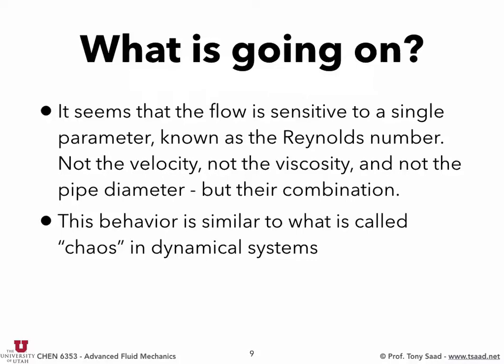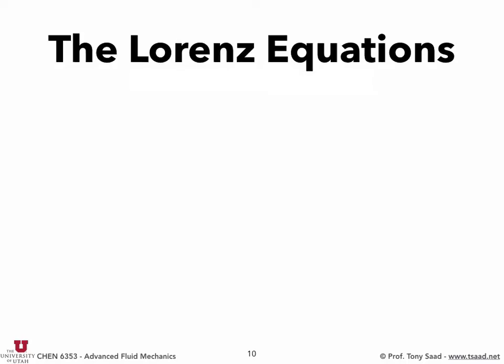But there's a historical perspective to this, and I want to relate turbulence or dynamical systems to the Lorenz equations. Are you familiar with the Lorenz equations? Yeah, okay. So Lorenz was one of the first people who discovered this phenomenon, the phenomenon of chaos.